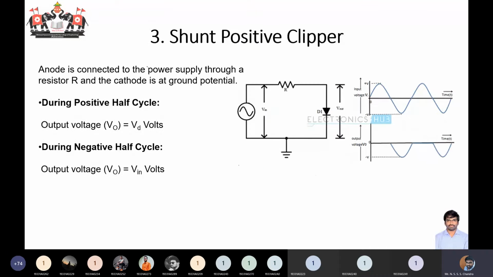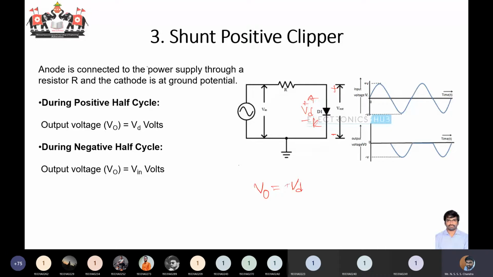Next, when the diode is conducting, this is the positive terminal, this is the negative terminal. If it's a practical diode, with this anode and this cathode, the diode voltage is plus Vd. So V naught will be equal to plus Vd.